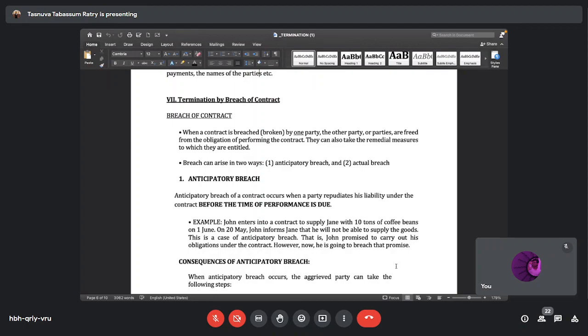The date for the delivery of the car is 1st February, and on the 31st of January, I inform the buyer that I will not be able to deliver the car, and you can take the advance that you have given. That is also a case of anticipatory breach. So anytime before the time of performance is due, if a party repudiates their liability under the contract, we call that an anticipatory breach. Okay, any questions guys?